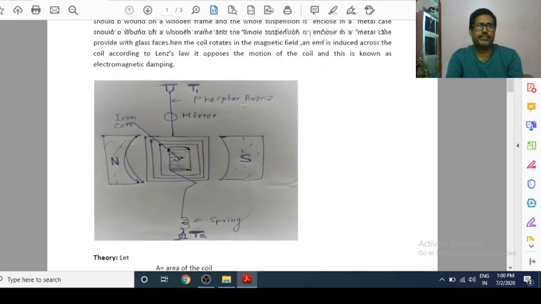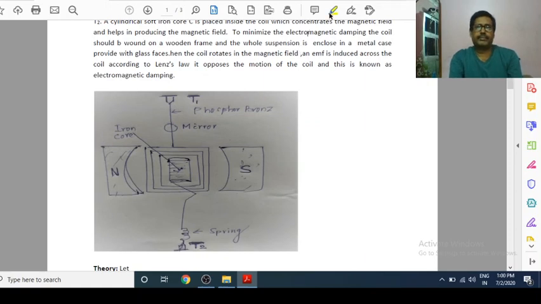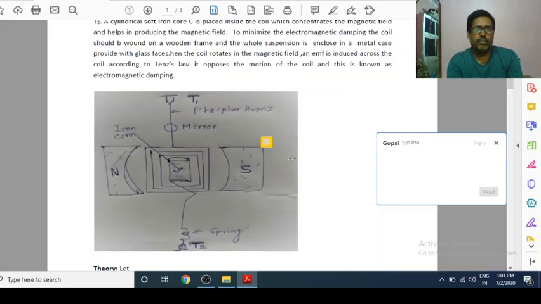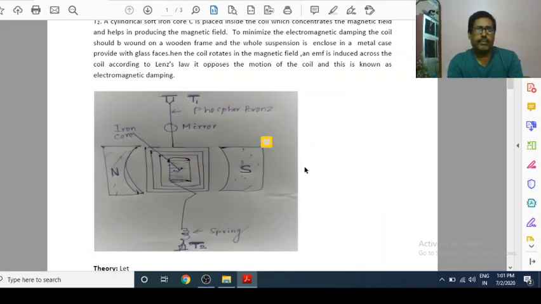See here, this is the coil. It has so many turns.